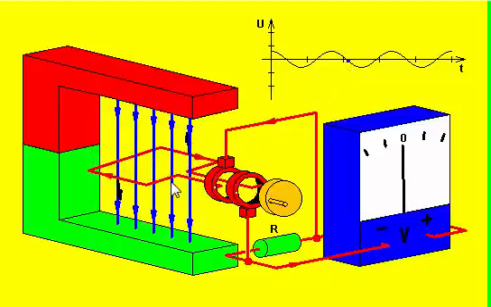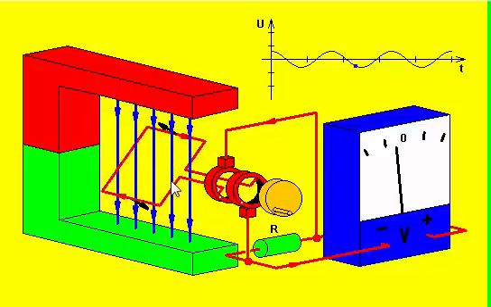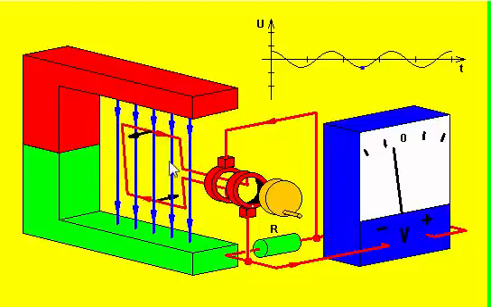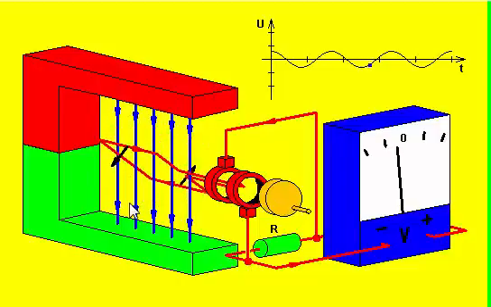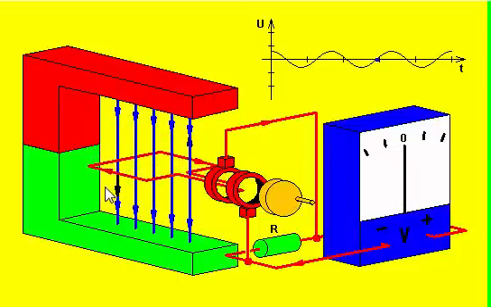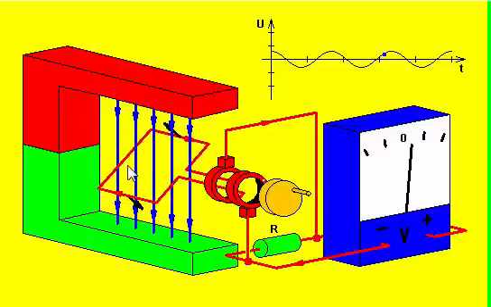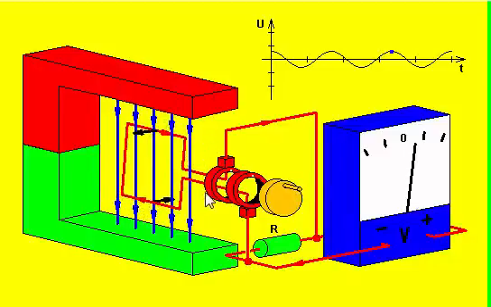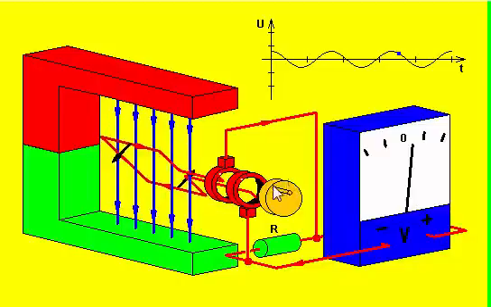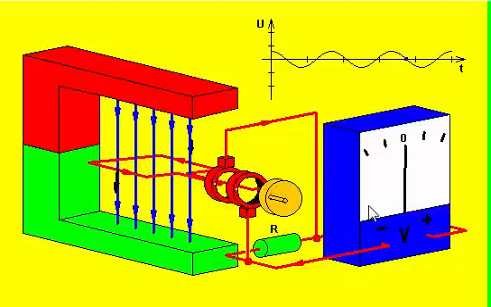So when the loop is parallel to the field, the loop is not cutting any lines of force, therefore there is no induced EMF now. Now they're cutting at right angles and the maximum EMF exists.